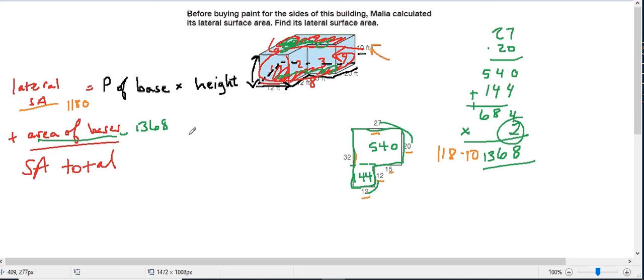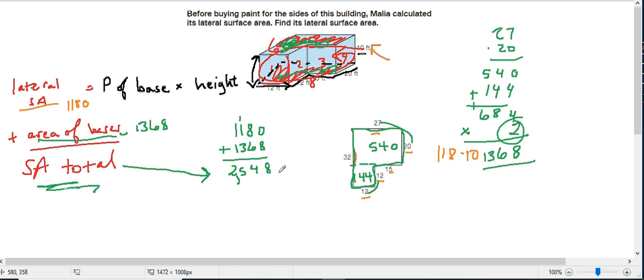Add that with the lateral surface area that we found earlier. And I hope this is right. I'm doing it right. That's the total surface area, like I was saying before. 2,548 feet, and we call that squared because it's surface area.